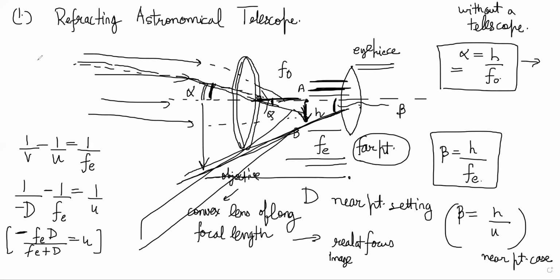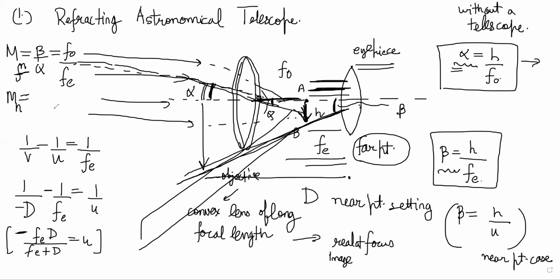And now overall magnification would be what would the size be without a telescope and what would the size be with the telescope, right? Beta by alpha you have to do. So in the far point case, it is very simple. Beta is H by Fe, alpha is H by Fo. So it will become Fo by Fe. In the near point case, it will become H by U by H by Fo.